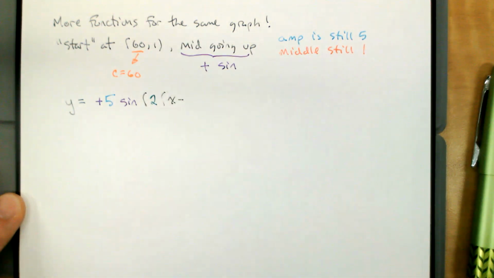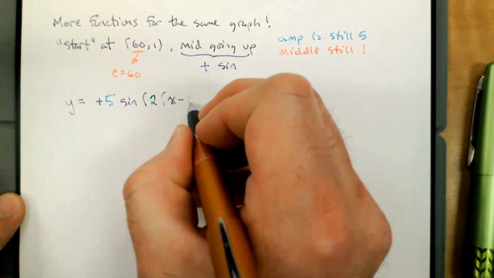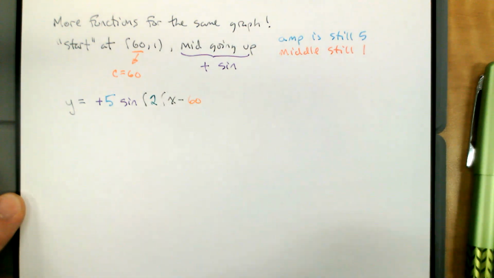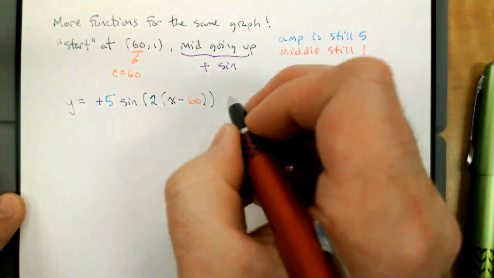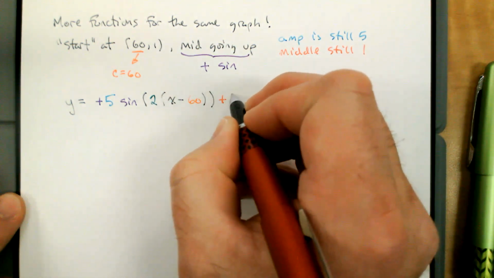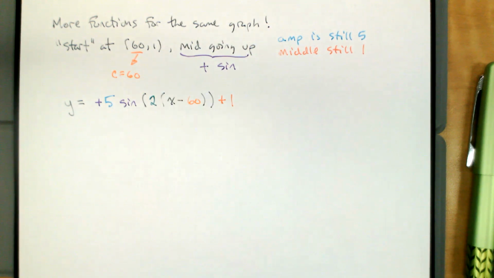We have x minus our horizontal shift of 60. And the middle is still at 1. Here's another equation that will give us the same graph.